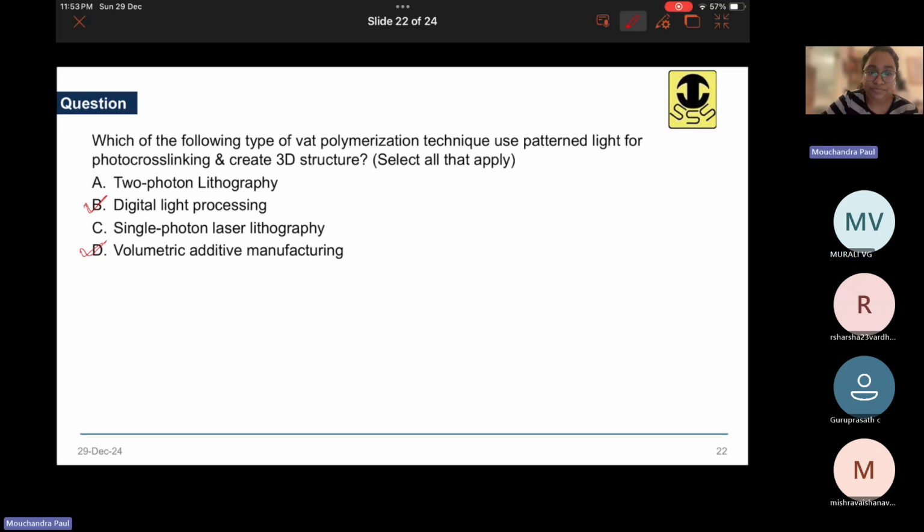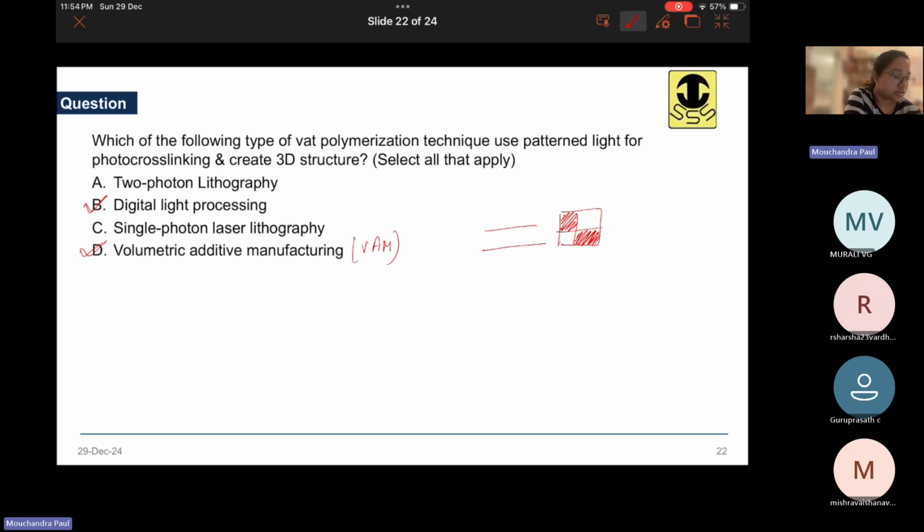So in volumetric additive manufacturing, also called VAM, here also we use pattern light. By pattern light, I mean the light passes through a digital mask. So in a digital mask, what happens? There are some dark, black regions through which light will not pass, and there are some transparent regions.